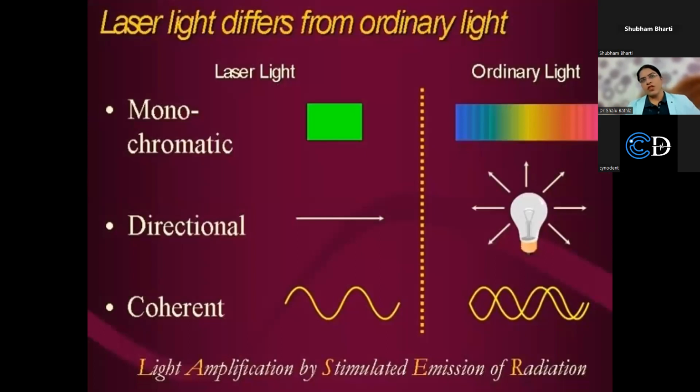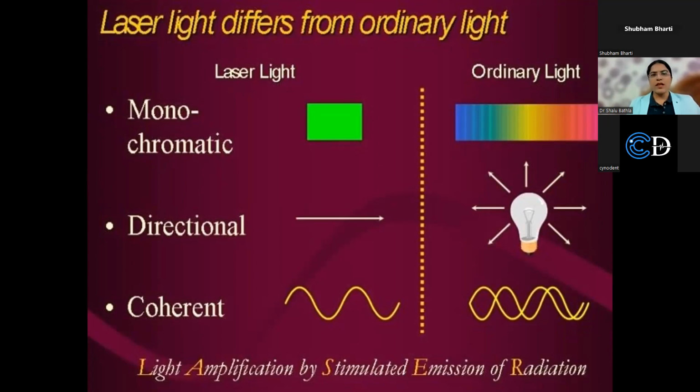Well, coming up first, talking about the lasers. Laser light is different from the ordinary light. These are the three unique features of laser: it is monochromatic in nature as compared to the ordinary light, which is polychromatic.